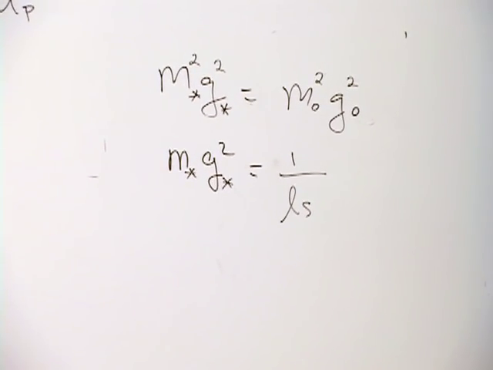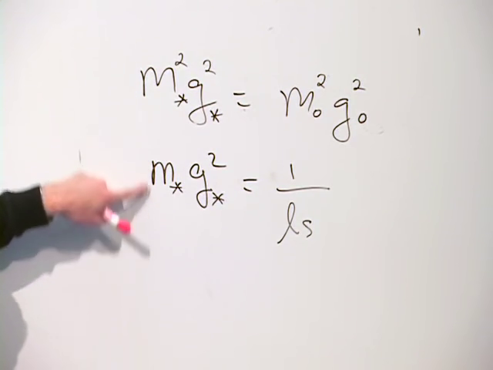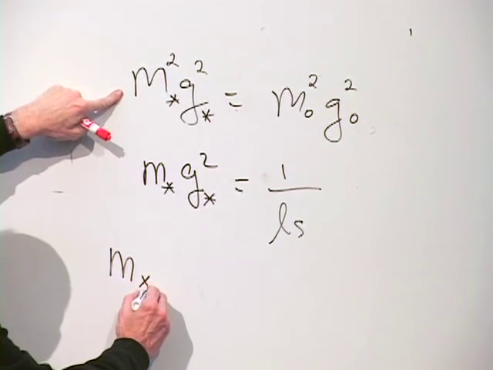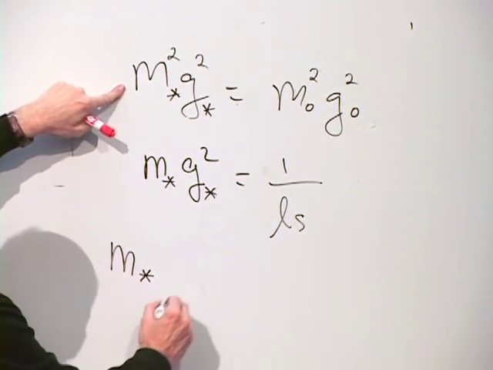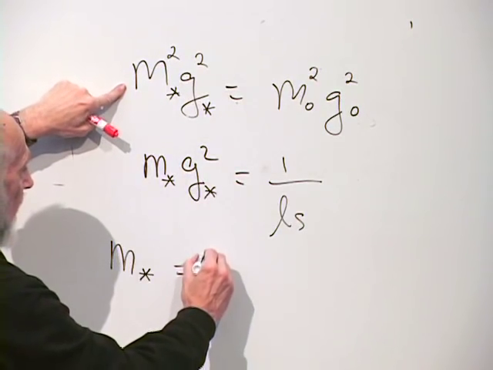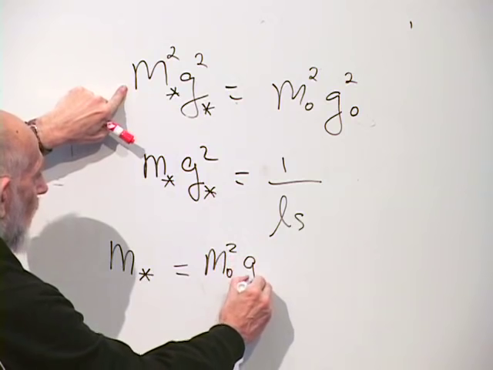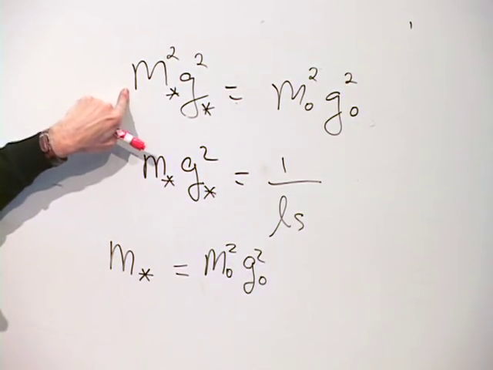So now we just divide one by the other. The ratio will be m star, and that will equal m naught squared g naught squared divided by 1 over L string.